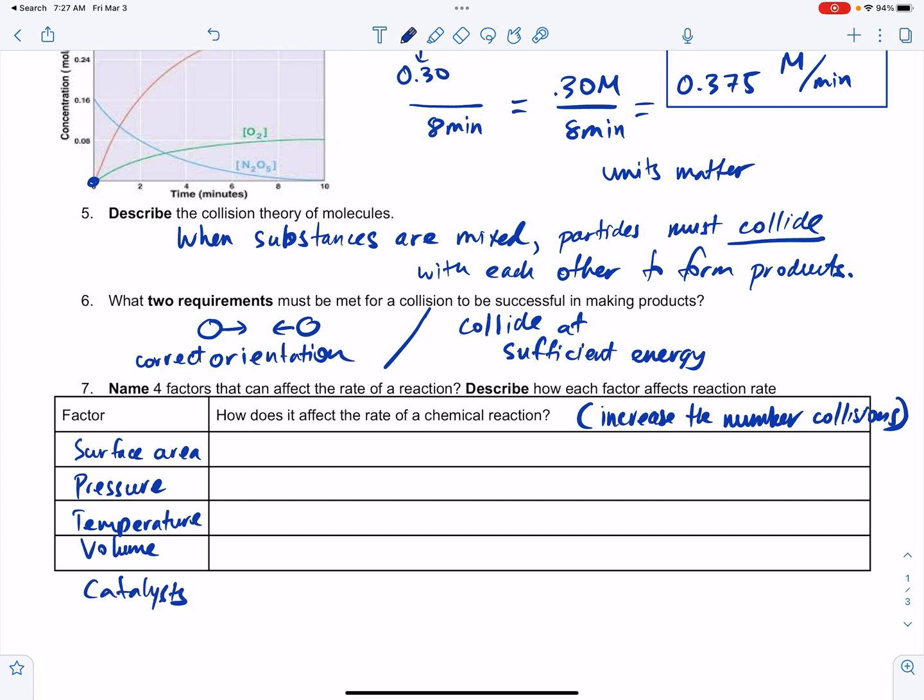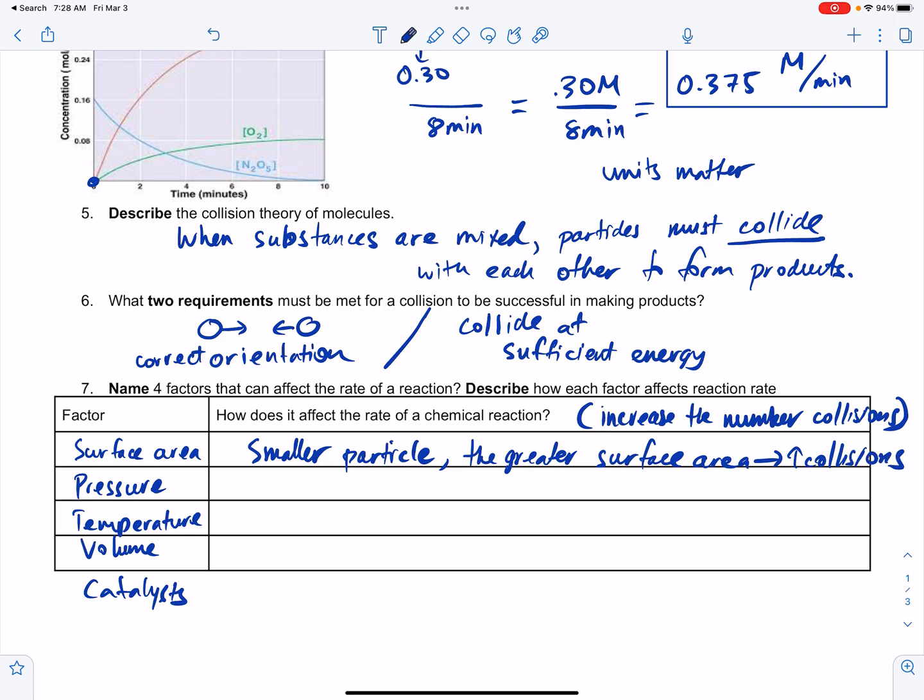Surface area affects the rate of reaction: the smaller the particle, the greater the surface area. It'll increase the number of collisions.